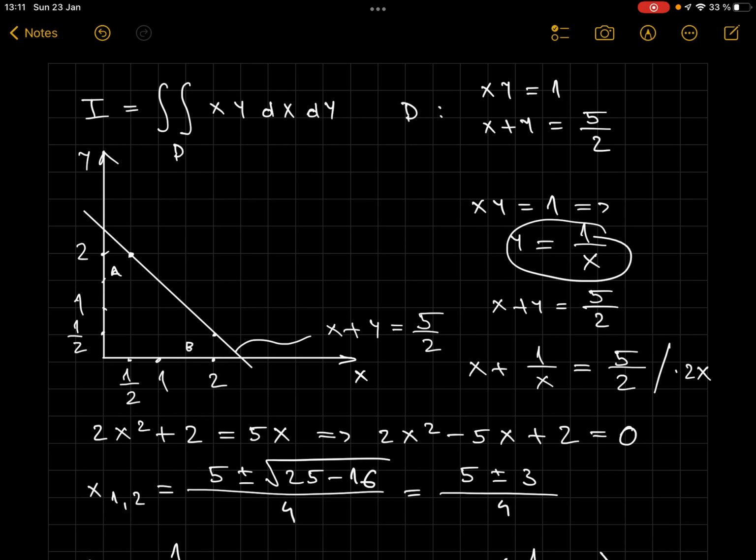And the graph of 1/x is already pretty well known. So it should look something like this.